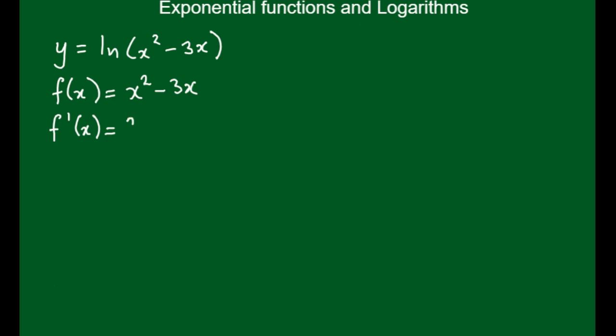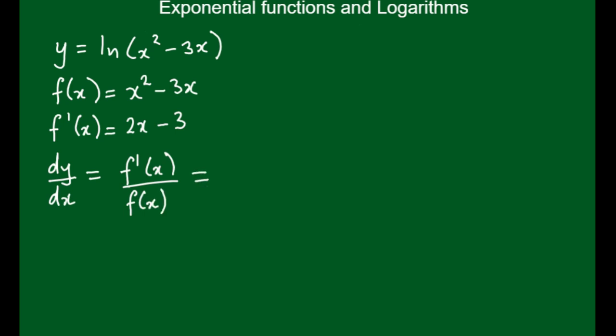So this is going to become 2x minus 3. dy/dx for natural logarithms, just as we said, is going to be f prime of x over f of x. So this becomes 2x minus 3 over x squared minus 3x.